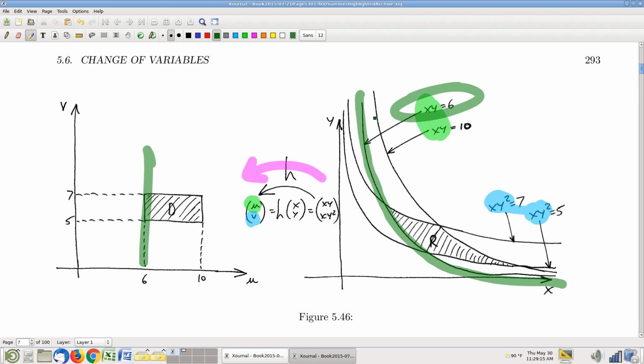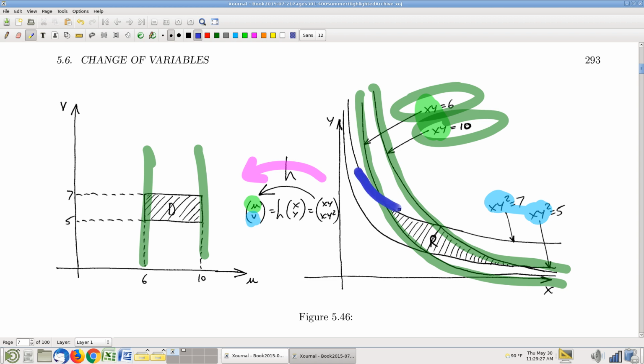Okay, likewise, xy equals 10 becomes u equals 10. Likewise, this curve and this curve, xy squared equals 5, xy squared equals 7. Well, those are just v equals 5 and v equals 7, if you think about it.